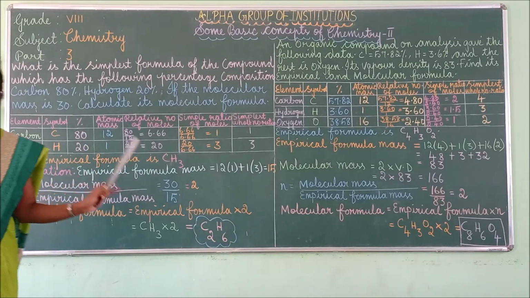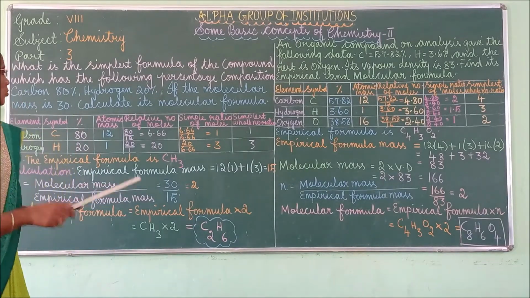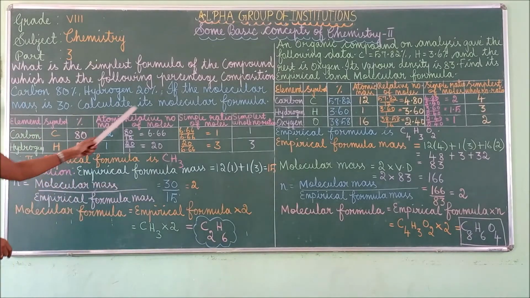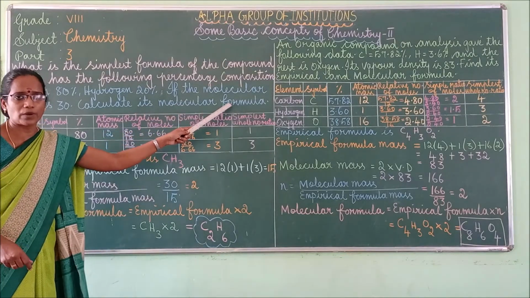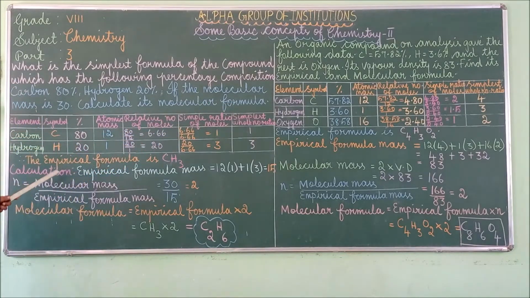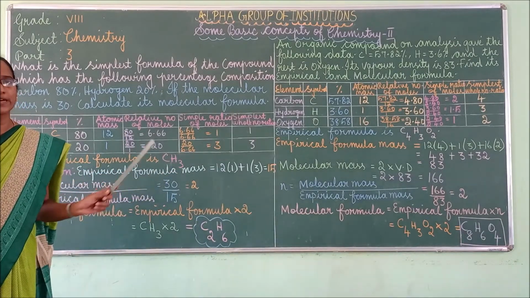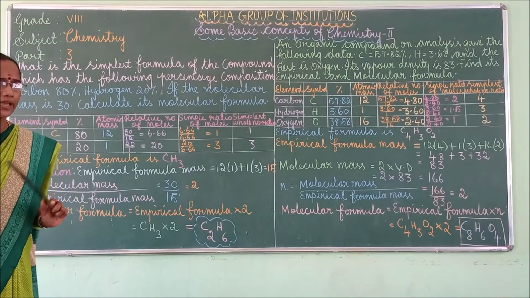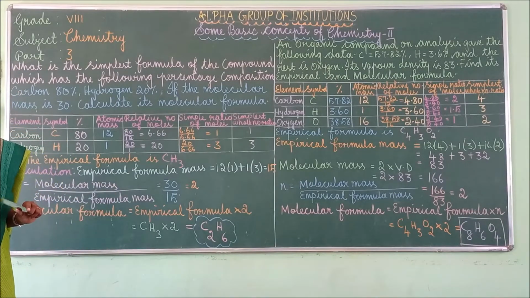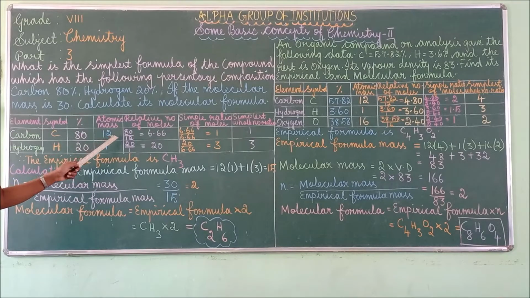We got the empirical formula now. Next, what do you have to calculate? You have to calculate the molecular formula, isn't it? For that, we have to use this formula. First of all, you have to find out the empirical formula mass. How will you find out the empirical formula mass? Your atomic mass you already know, isn't it?